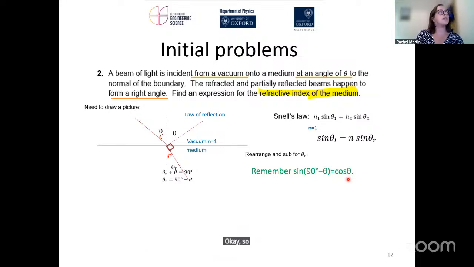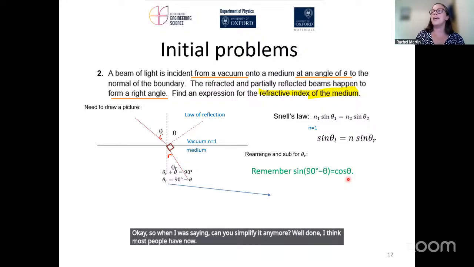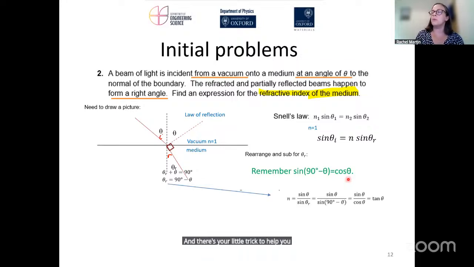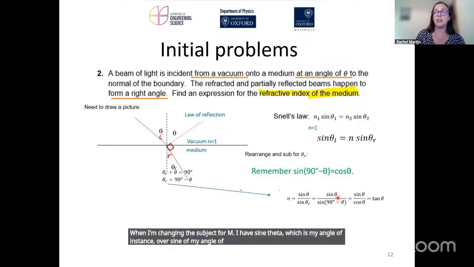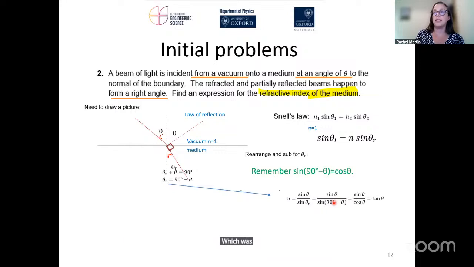Okay, so when I was saying, can you simplify it any more? Well done, I think most people have now. There's your little trick to help you. So in the end, when I'm changing the subject for n, I have sine theta, which is my angle of incidence, over sine of my angle of refraction, which was 90 minus theta, the same theta.